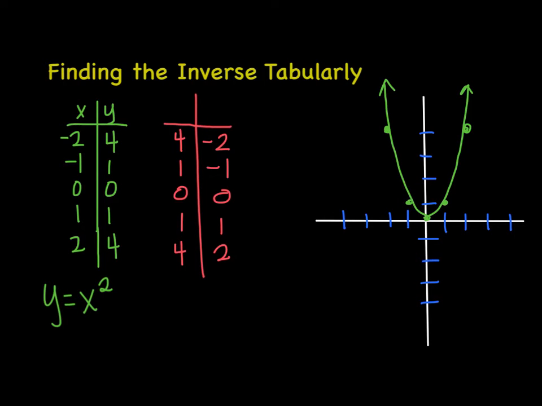And then we've got 4, -2, 1, -1, 0, 0, 1, 1, 4, 2.